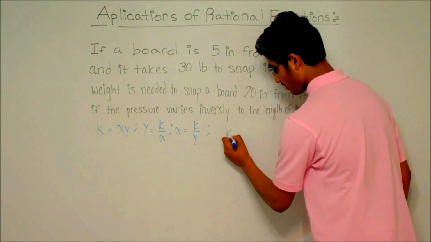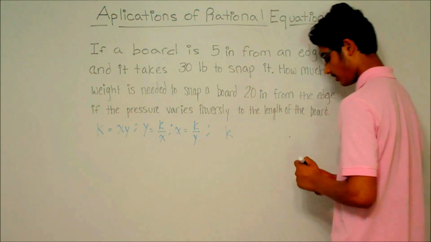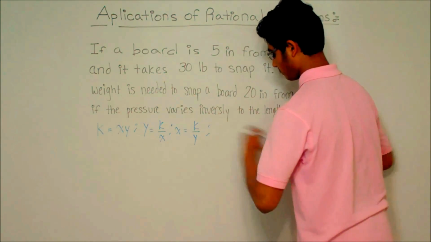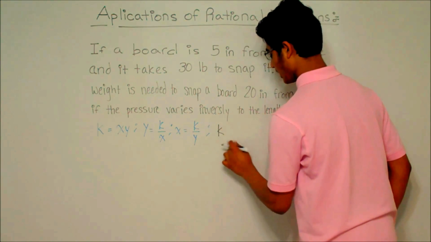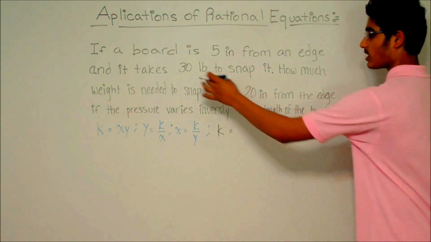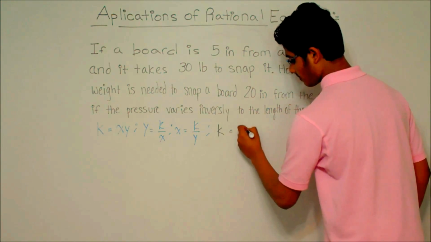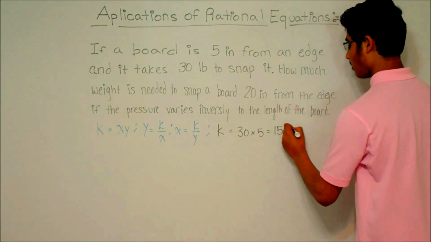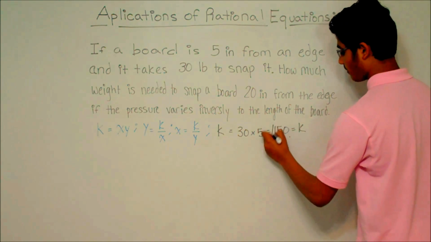So k is equal to x, which is 30, times 5, which is equal to 150. So k is equal to 150.